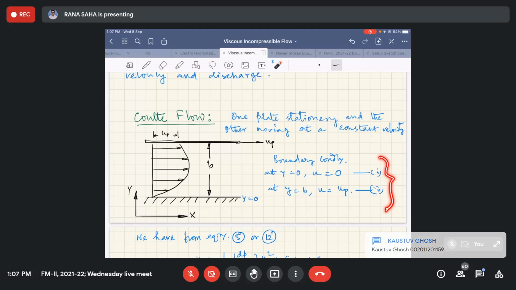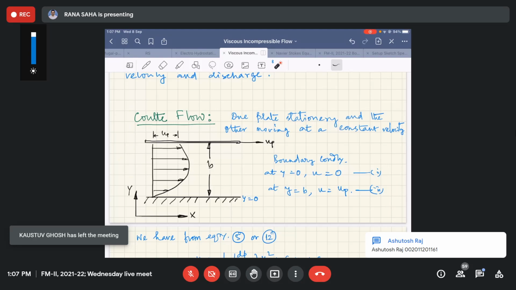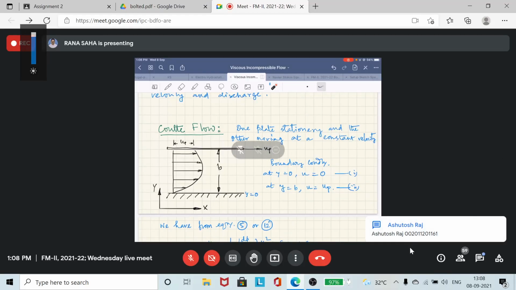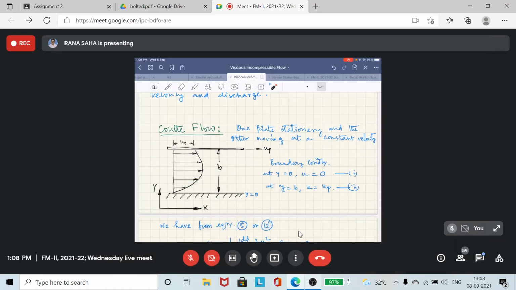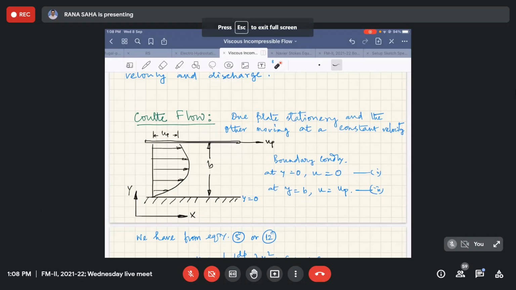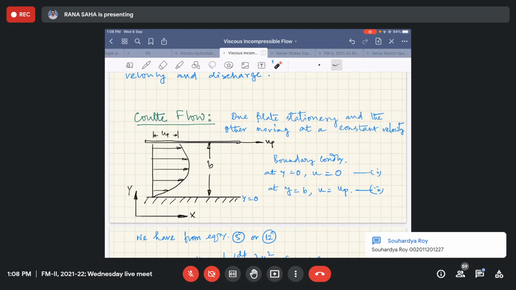At y equals 0, that is at the plate which is stationary, or if you fix the coordinate frame with this particular plate, which may have a velocity, then it will be 0 velocity, and with respect to this plate the other plate is moving at a velocity up.